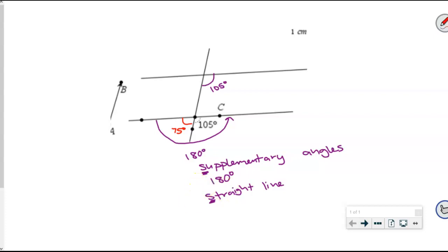Who can tell me another angle based on what we know now? Davin, go ahead and point if you need to. How do you know that this one is also 75 degrees?